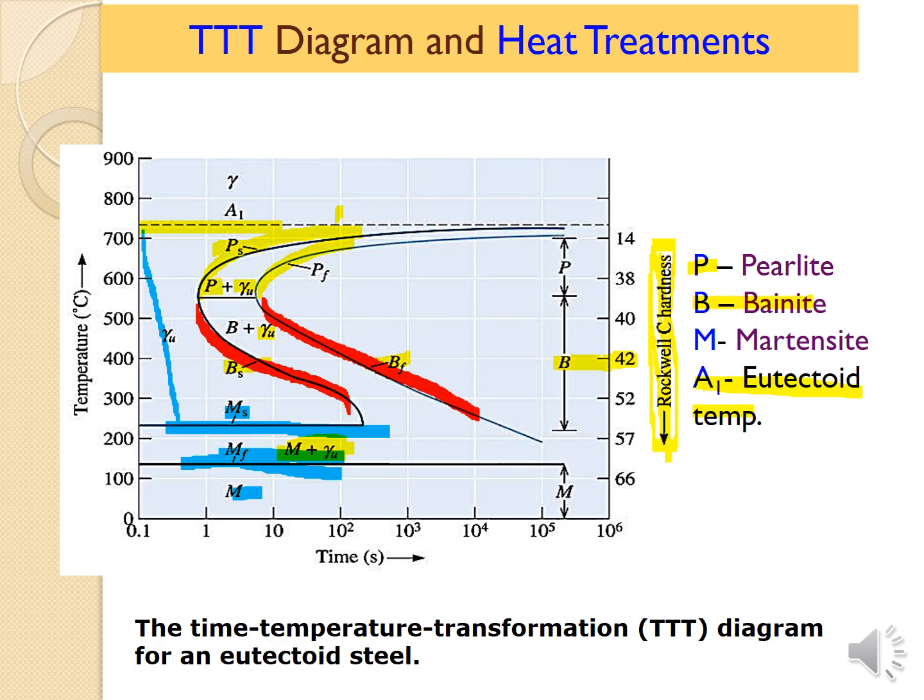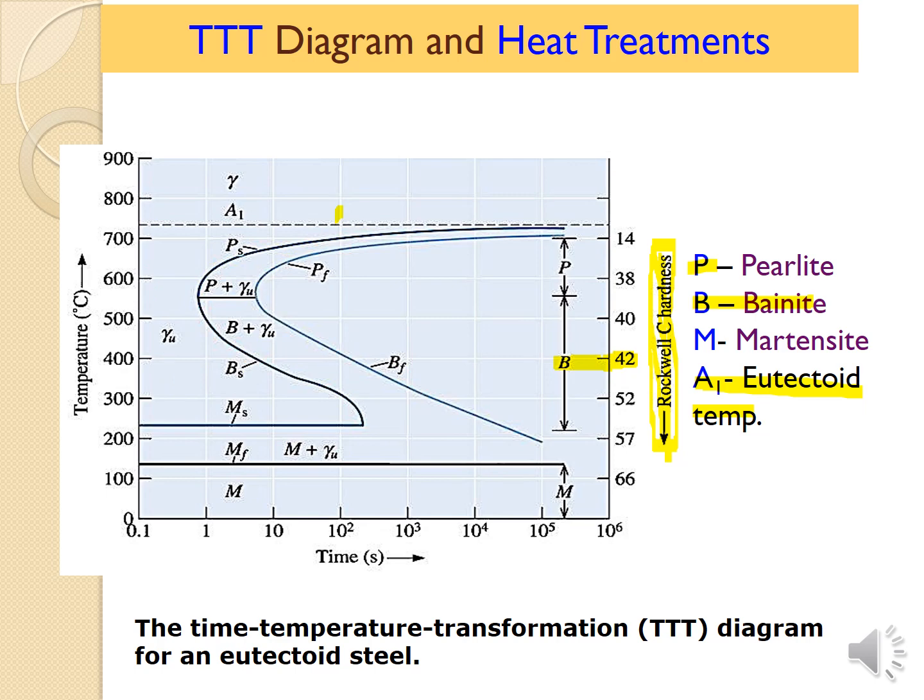We want to start from the austenite above here, and we cool it quickly to a certain temperature. It's about 425 or 430 degrees Celsius. And then we're going to hold it, hold it, hold it.